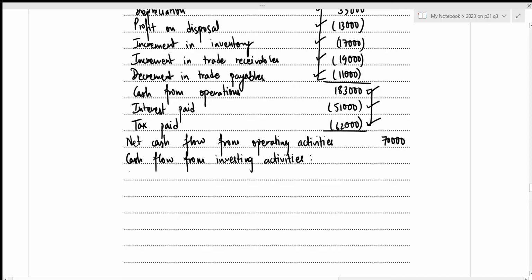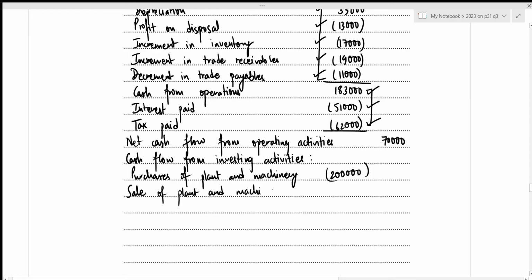So we first have purchases of plant and machinery, of 200,000. Then we have sale of plant and machinery, where the sales proceeds was 91,000.